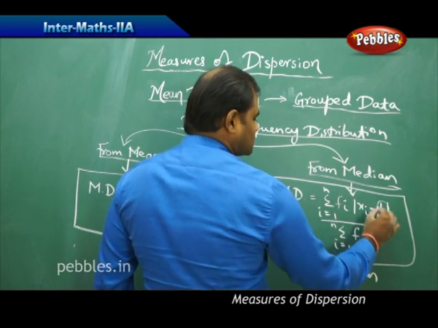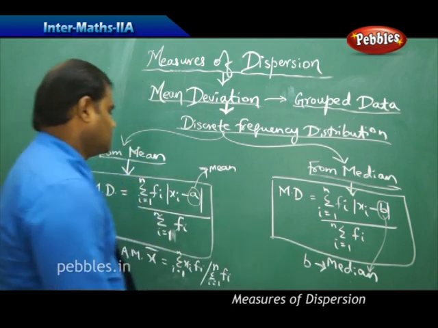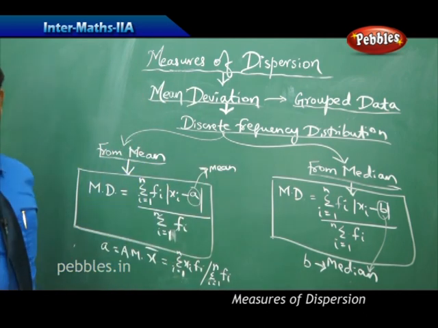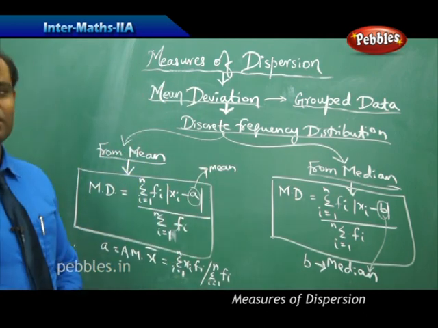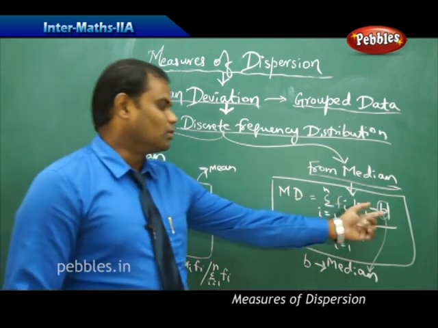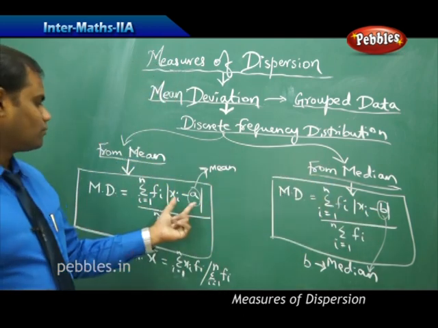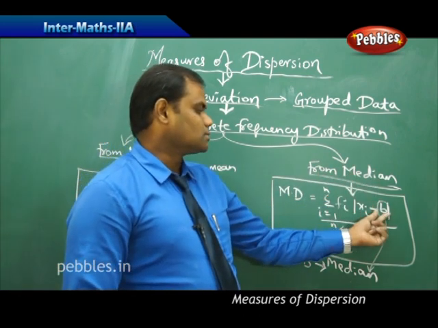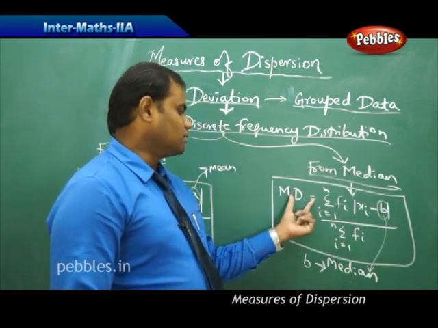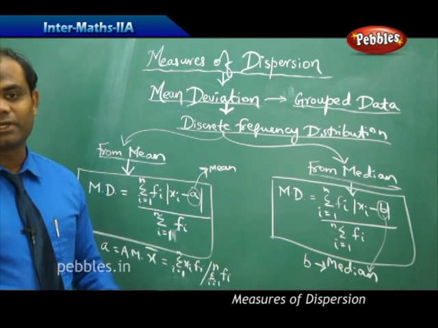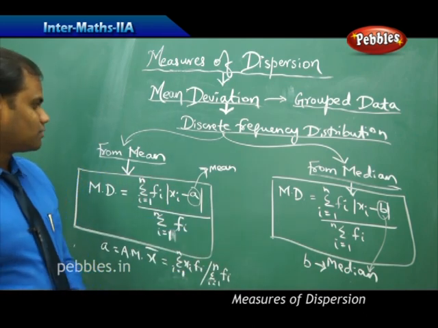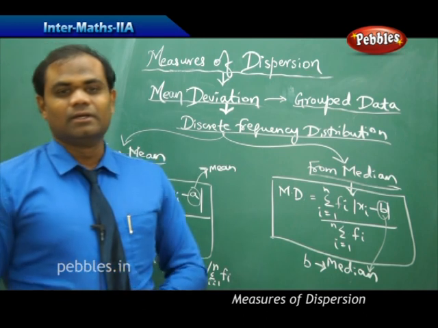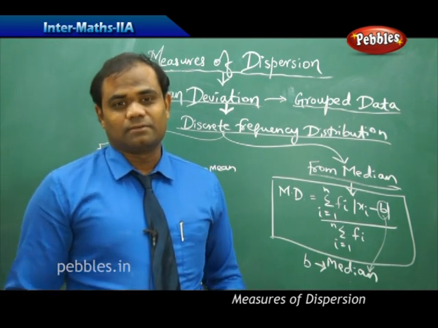So in this case, b is the median, and in the earlier case a is the mean. We have the same formula differing with a and b, because from mean we use the mean a, and from median we use the median b for calculating mean deviation in each of the cases. So let's see each case of finding mean and median for the different respective formulae.